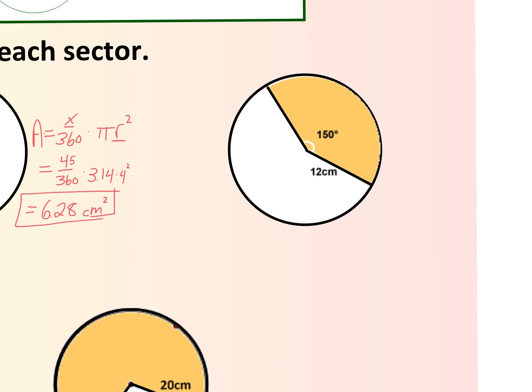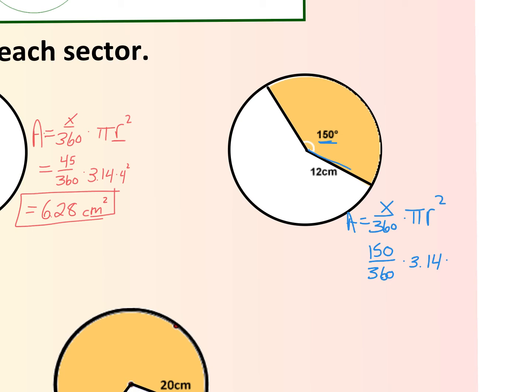All right, hopefully you paused and gave them a try. For this next one, we use the same formula. Right, these are all areas. So x over 360 times pi r squared. Our x is the angle for our shaded region, remember, so we got 150 over 360 times 3.14 times r squared.